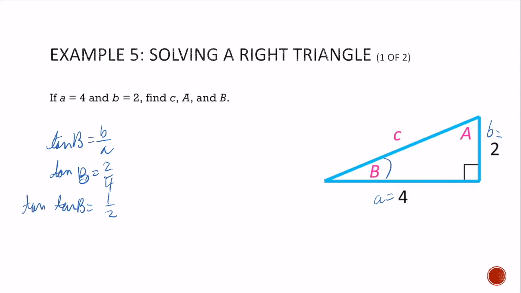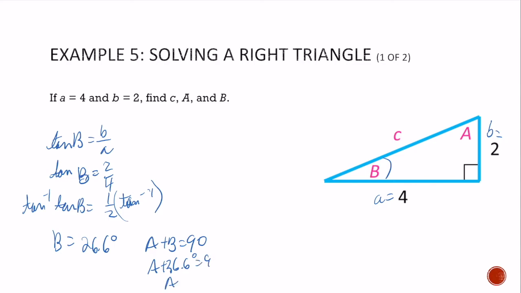So if I take tan inverse, or arctan, of both sides, I get B is 26.6 degrees. So I can use that information to figure out that A plus 26.6 degrees is 90, so A is 63.4 degrees.